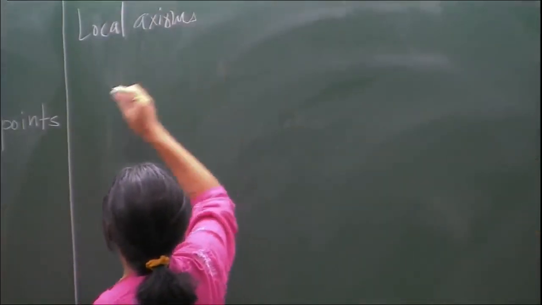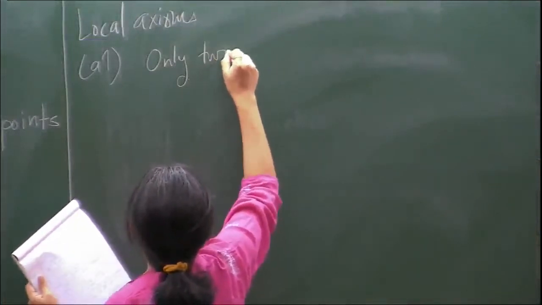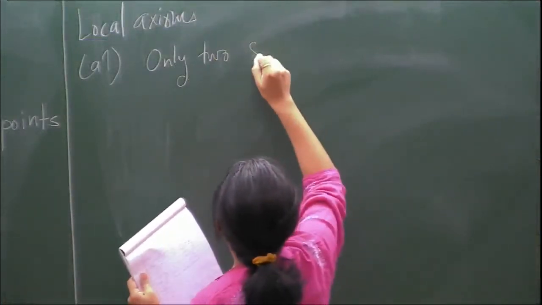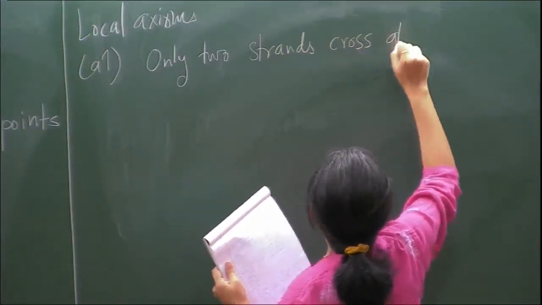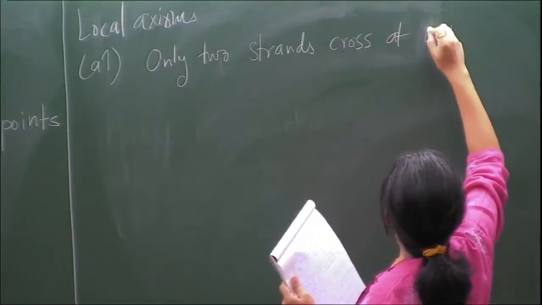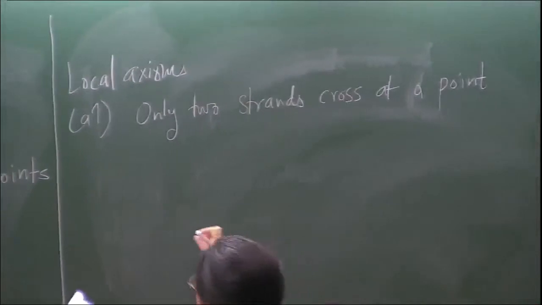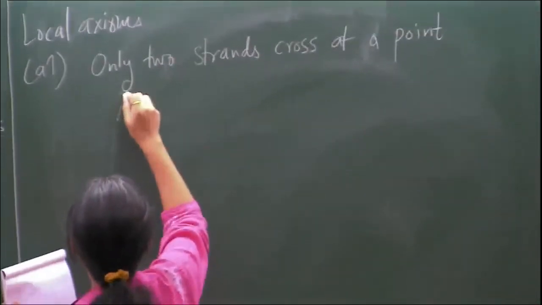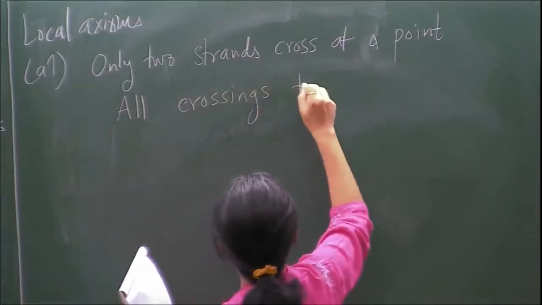Let's call the first A1: only two strands cross at a point, and all crossings are transverse.